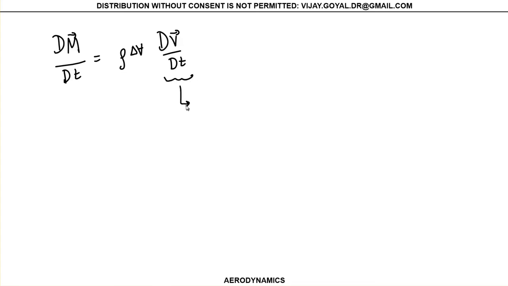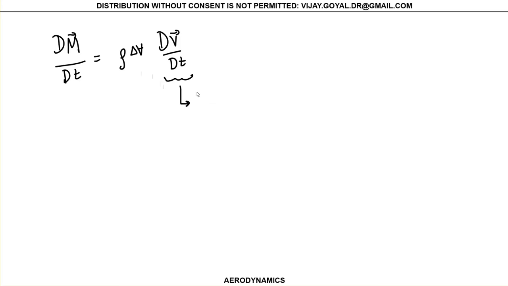So in other words, the left hand side is actually equal to rho times delta v, times the derivative of velocity with respect to t. And now just remember that from our previous discussion this is the substantial derivative.